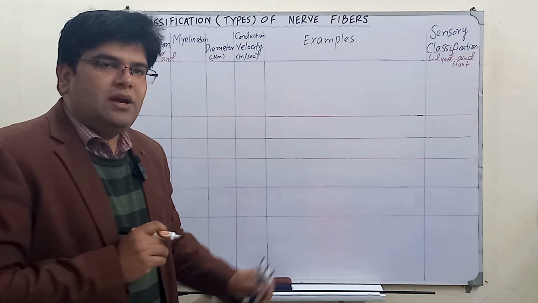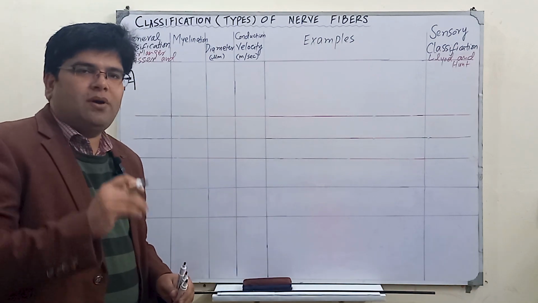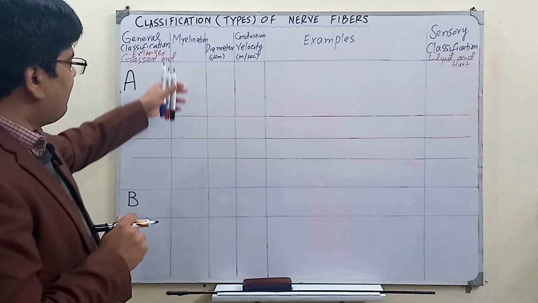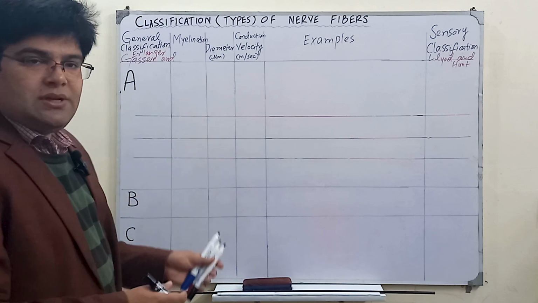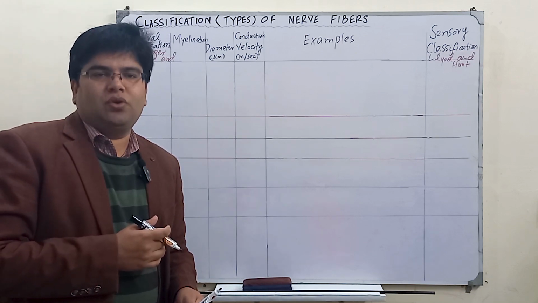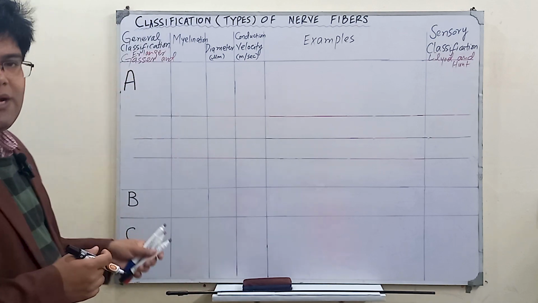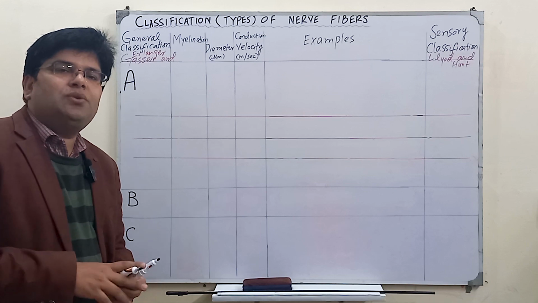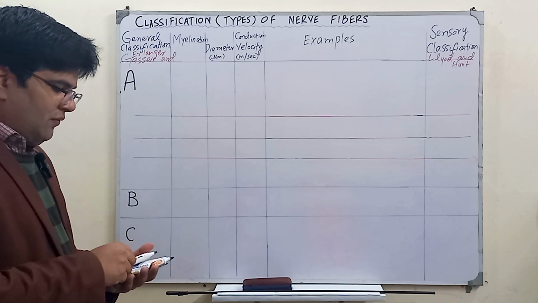So it means this Erlanger system of classification depends upon whether a nerve fiber is myelinated or unmyelinated, what its diameter is, and secondly whether it's sensory or motor or both. You see, in this Erlanger system, a general system of classification, there are sensory, motor, and the third one is autonomic nerve fibers.